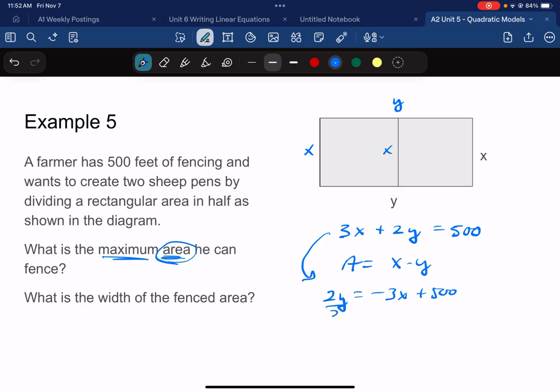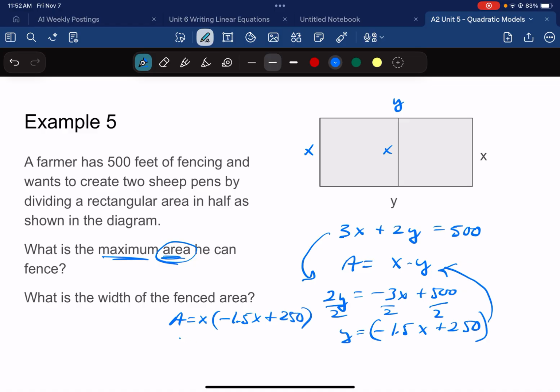And then I'm going to divide by 2, and I'm going to get negative 1.5x plus 250. So now I'm going to substitute that expression into the area formula here, and this is what we're going to get. Area equals x times negative 1.5x plus 250. And by distributing the x, we're going to get our quadratic.